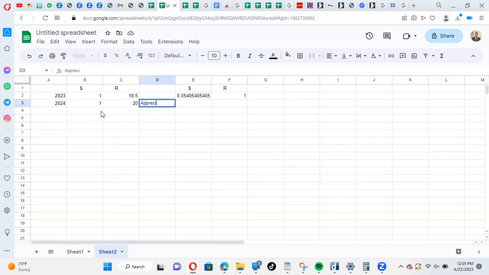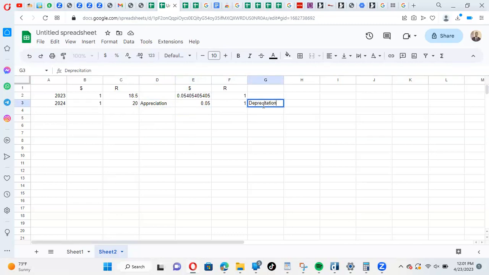But let's look at it in terms of the rand now. If $1 is worth 20 rands, then 1 rand is going to be worth 0.05, which is slightly less than what we had. And so the rand was worth more in 2023 than in 2024. That should represent a depreciation.